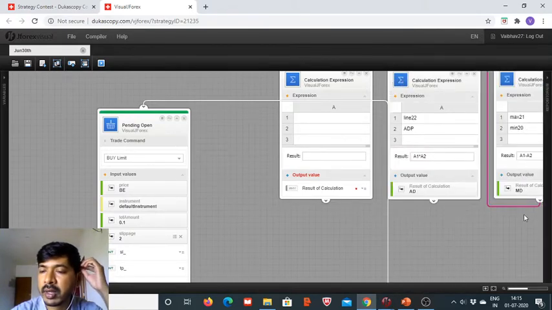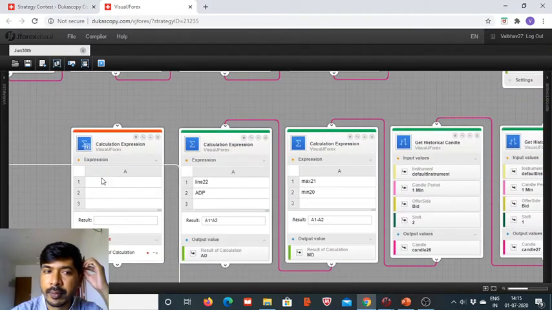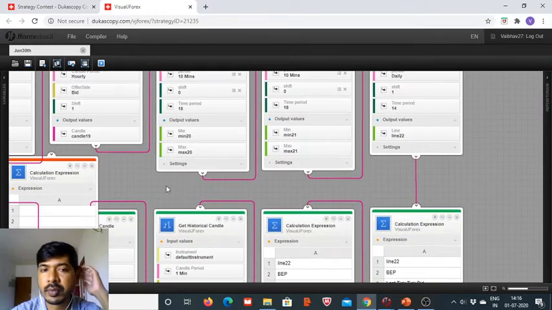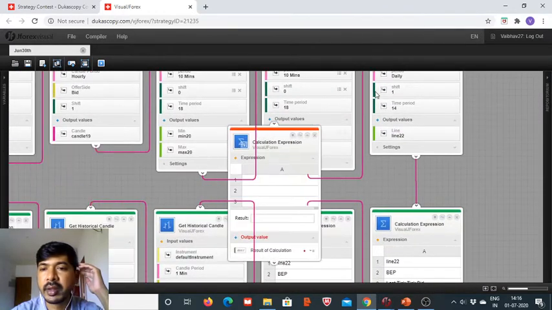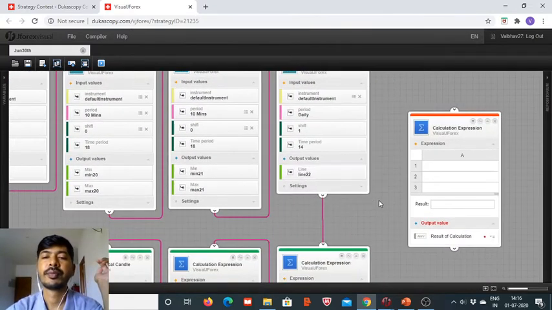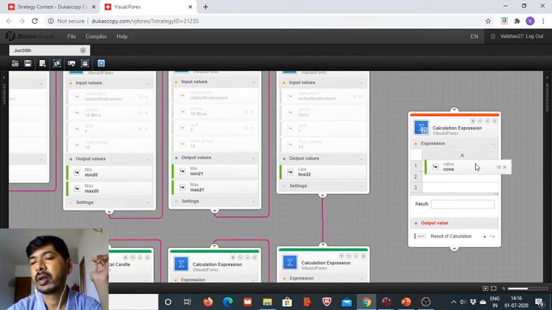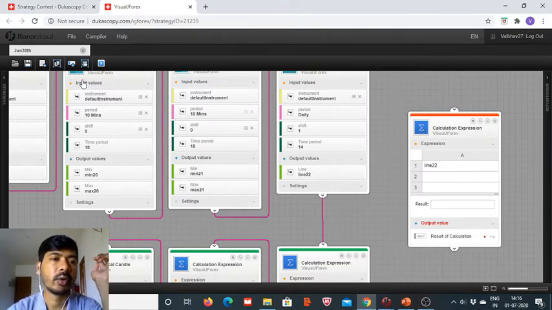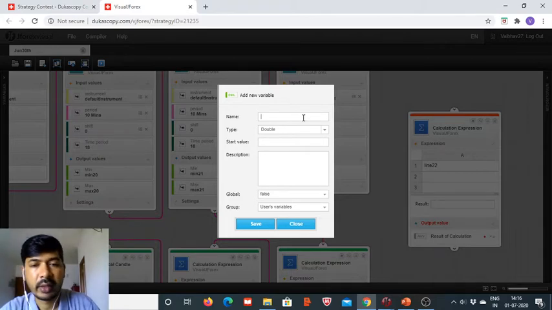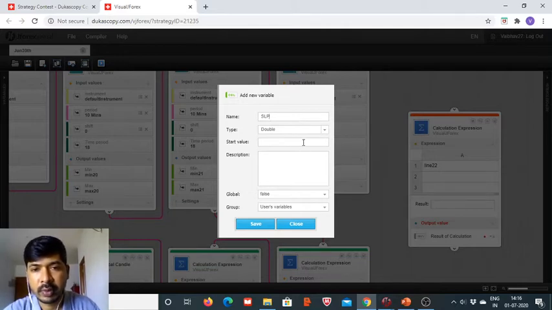Before that, we get this ATR, and the ATR is line 22, and we multiply line 22 by 20% of daily ATR, that is 0.20, and it will be called SLP, stop loss pips, will be 0.20.